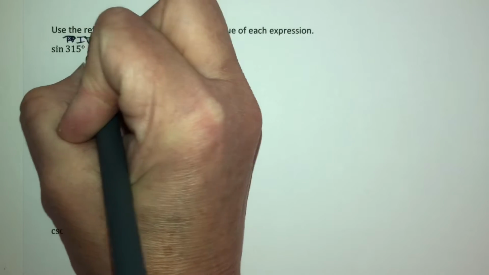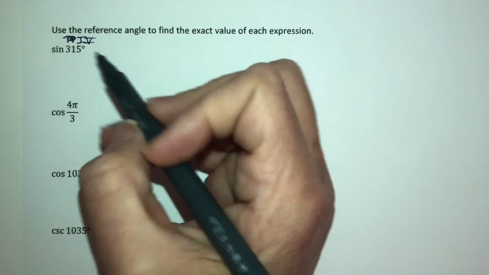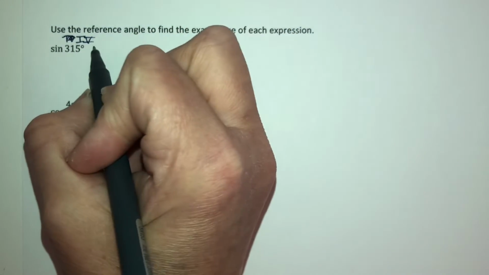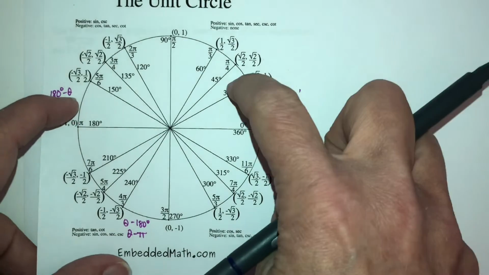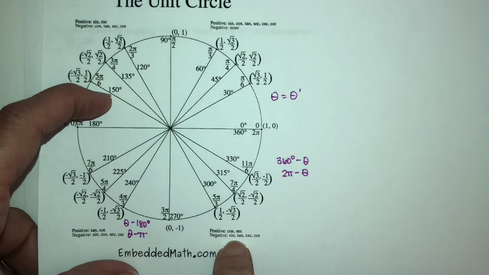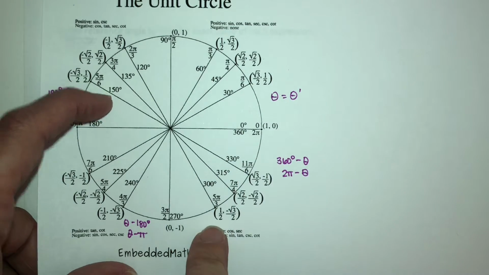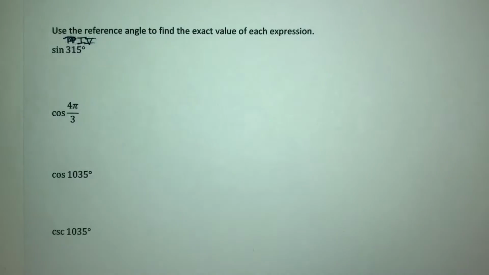Remember, all students: sine is positive here and here, cosine is positive here. So my answer is going to be a negative number.